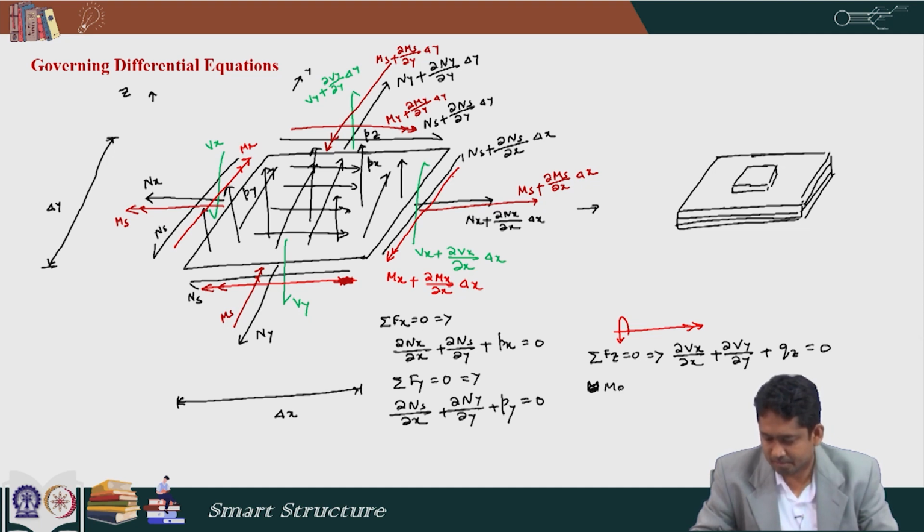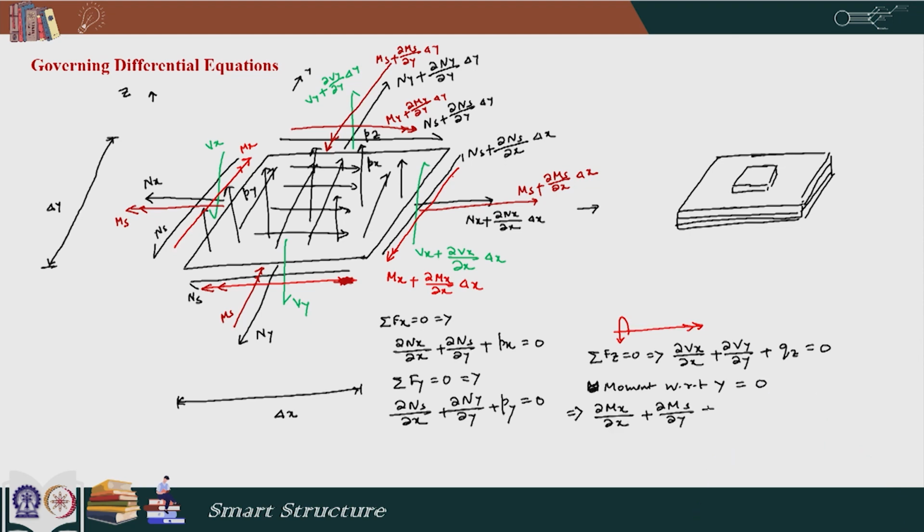Let me write moment w with respect to y equal to 0, and then that gives me del mx by del x plus del ms by del y plus vx equal to 0, and similarly along y axis we get del ms by del x plus del my by del y plus vy equal to 0.